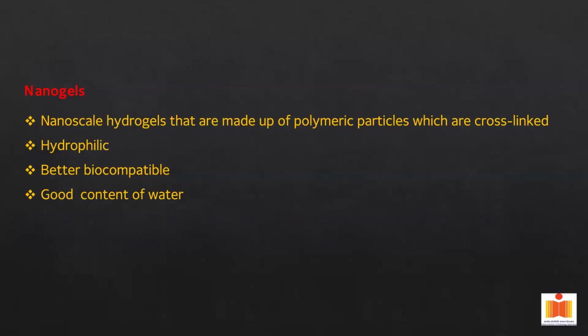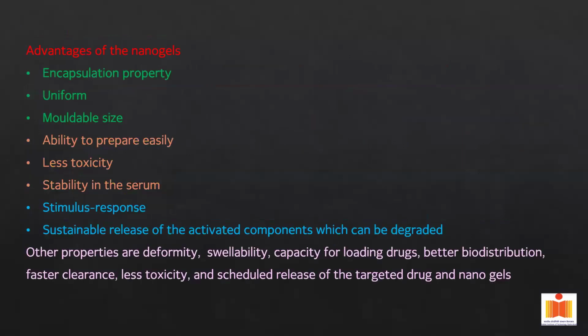Nanogels. We know that a gel is like some sort of a liquid, but here hydrogels are made up of polymeric particles, hydrophilic, related with the water components, with better biocompatibility and good water content. So they are uniform, moldable, easy to prepare, less toxic, stable in the serum, stimulus responsive, and offer sustainable release of activated components which can be degraded.